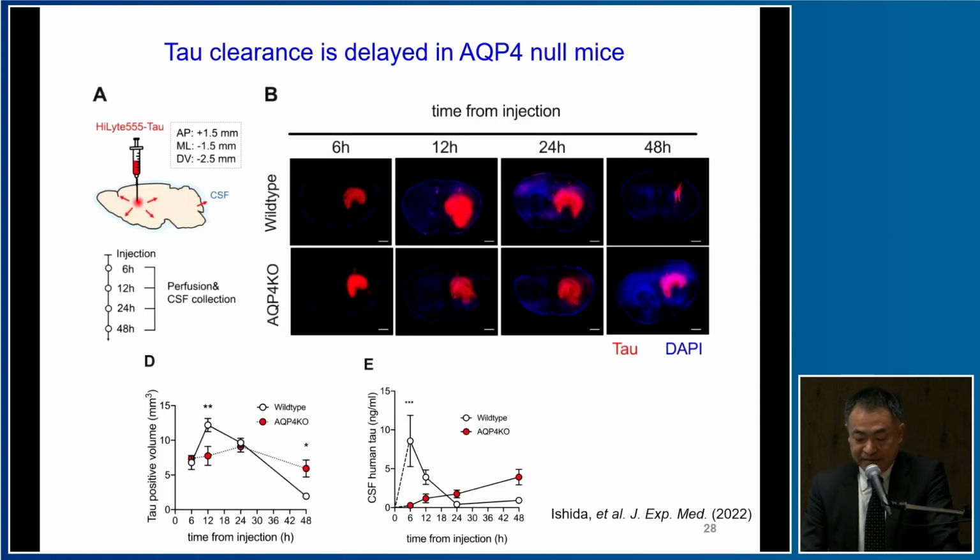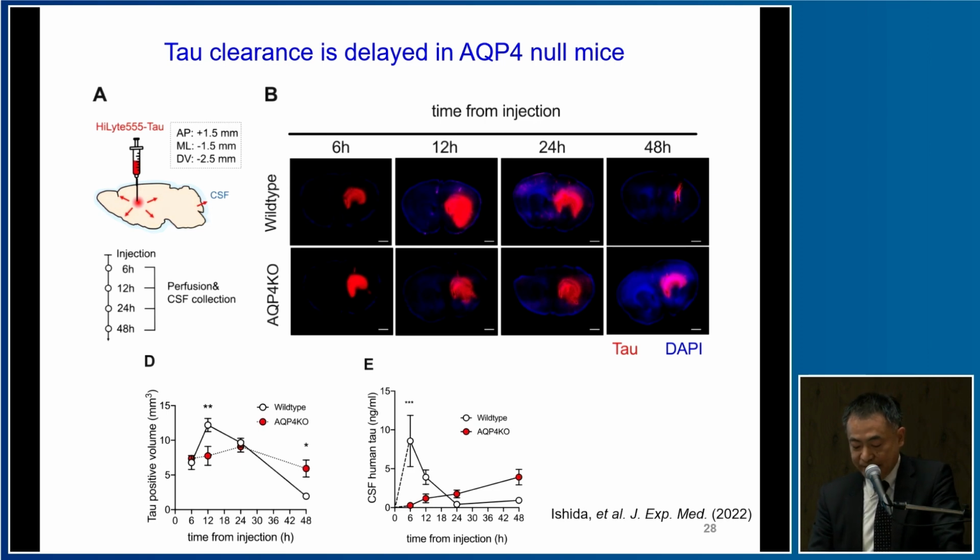Next, by collaborating with Professor Iwatsubo's group at the University of Tokyo, we examined the effect of aquaporin 4 on tau clearance. So we injected fluorescence-labeled tau into brain parenchyma and observed clearance.